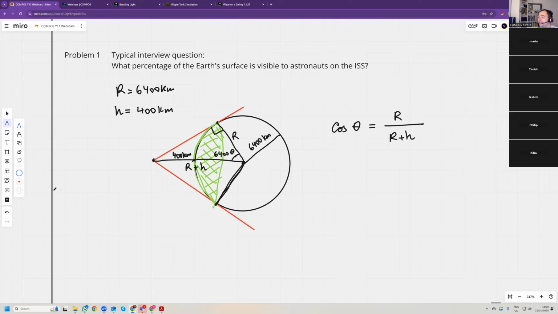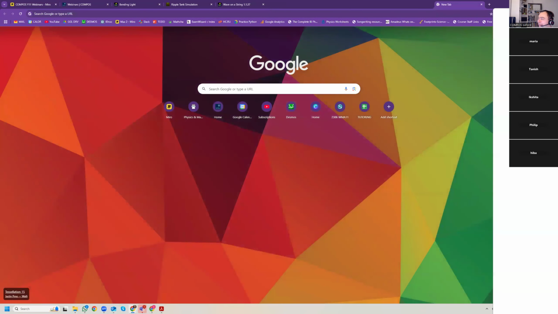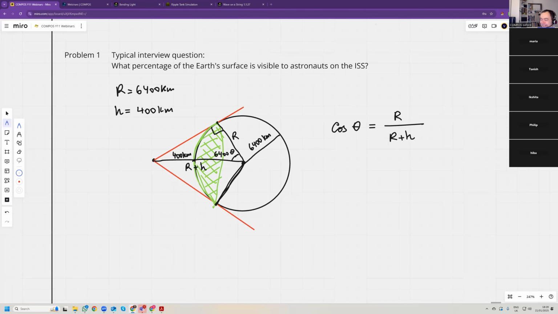Ooh, I don't remember those. I have to look it up. Sector of a sphere. Spherical sector.